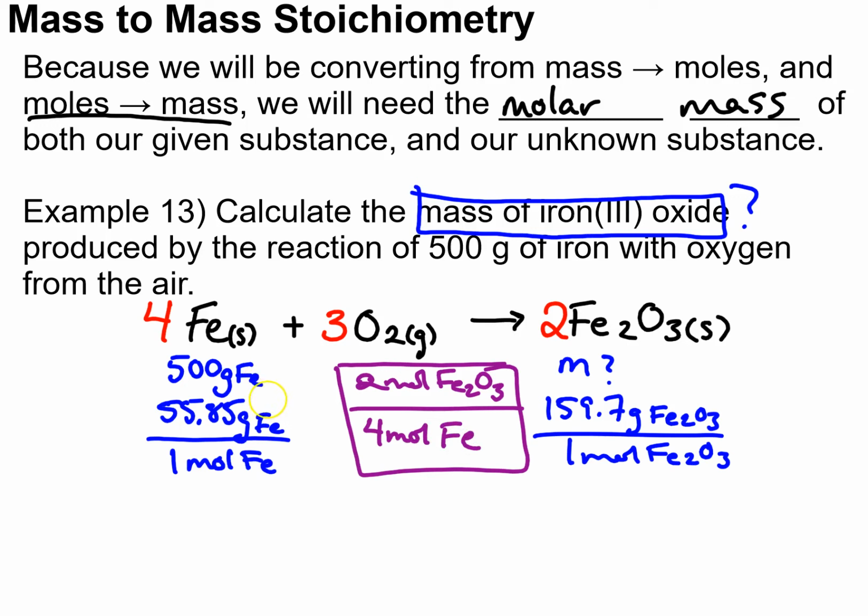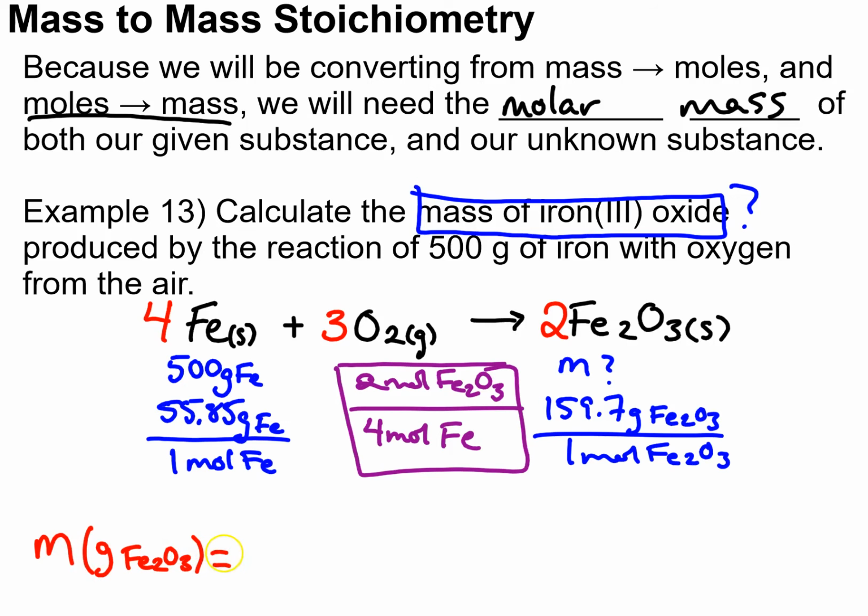We'll be able to go from grams of iron to moles of iron to moles of iron 3 oxide to grams of iron 3 oxide, and that's exactly what we want. So let's start putting all of our puzzle pieces together. When we're doing stoichiometry problems, we always start with what we want. So we want the mass, measured in grams, of iron 3 oxide.